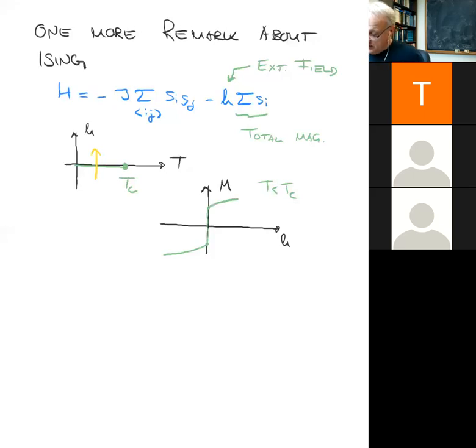Okay. And remember that was different above TC, because above TC the external field will still tend to align it, but there's no more discontinuity.